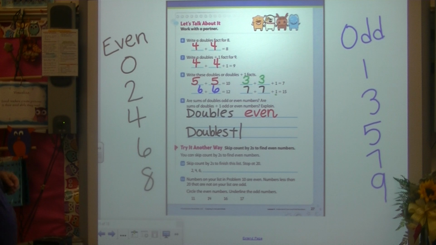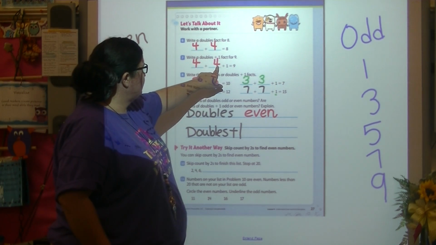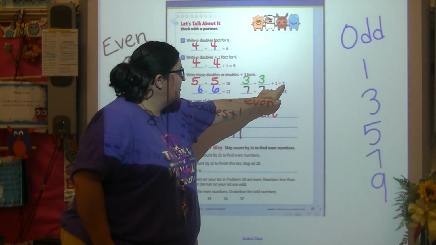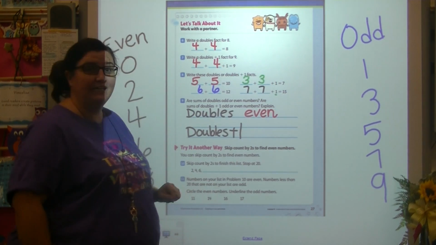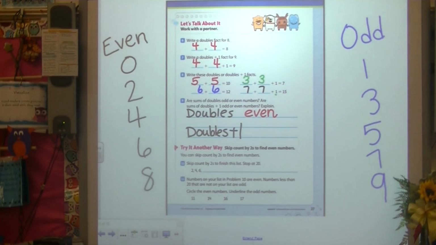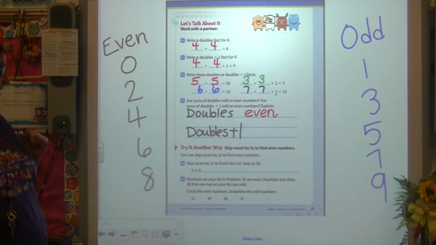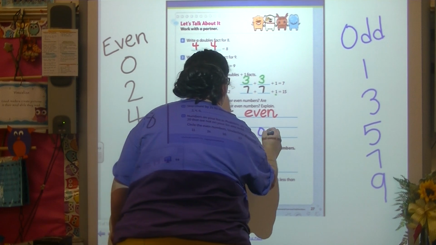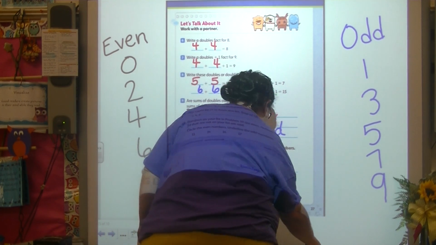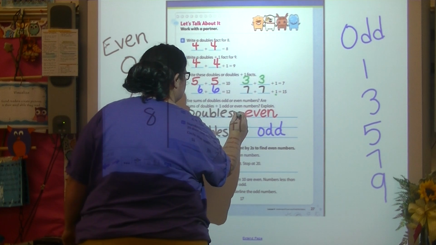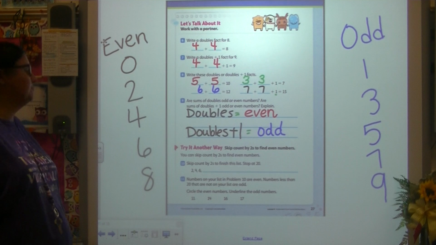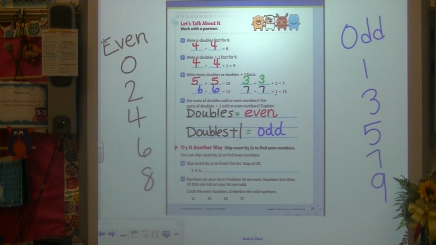Now, if we have a doubles fact, and then we add one more to it, like in 9, 7, and 15, our answer is what? Yeah, our answer is odd every time, because we have one left over. So doubles facts equal an even answer. Doubles plus 1 facts equal an odd answer.